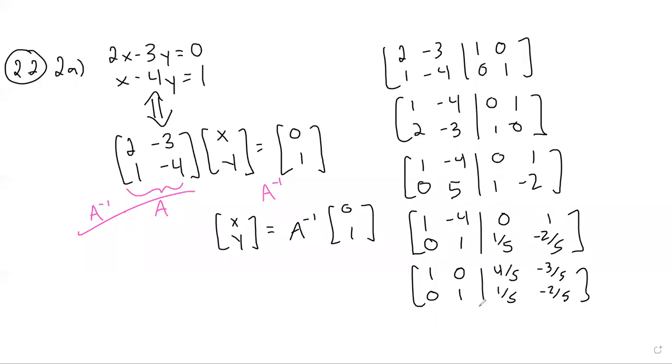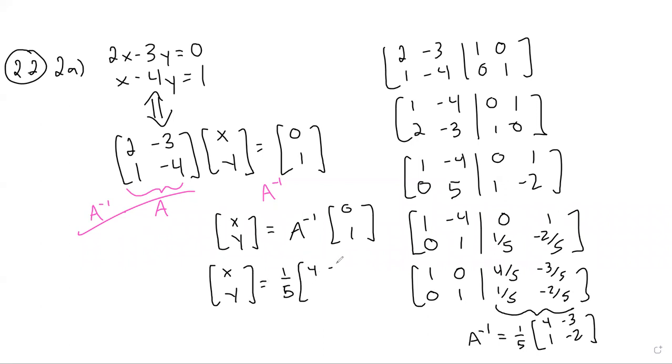And so again, if that is our matrix A, that does tell us that our inverse matrix here is going to be, I'm going to just pull out that 1/5 for simplicity, and we'd get [4, -3; 1, -2]. And so my xy, if I put it back into the work that we have over here, 1/5, and then this matrix multiplication.